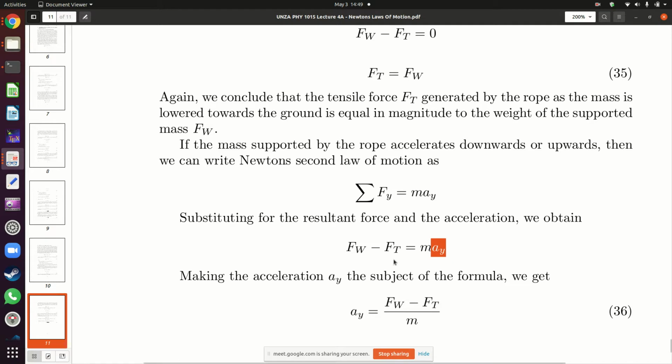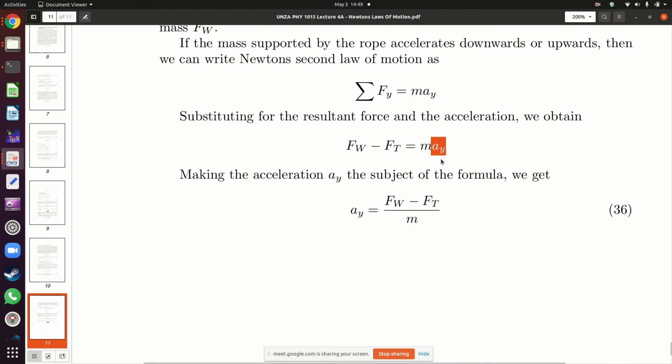Okay. So in this case, the resultant force, which is Fw minus Ft, is equal to the mass multiplied by the acceleration. What we want is the acceleration, Ay. So we divide both sides by m. When we divide throughout by m, we end up having Ay is equal to the weight of the box minus the tensile force divided by the mass.